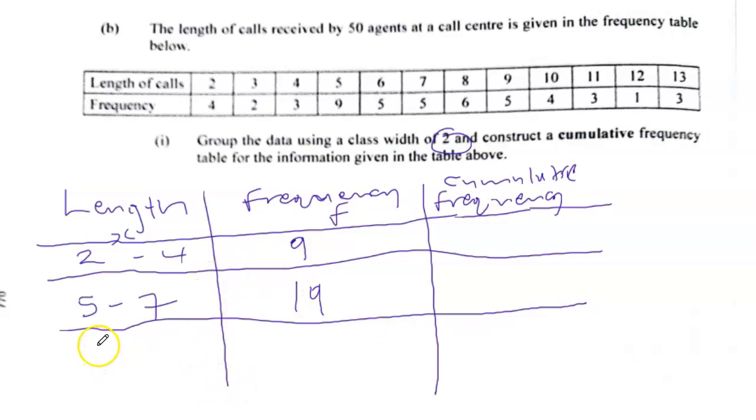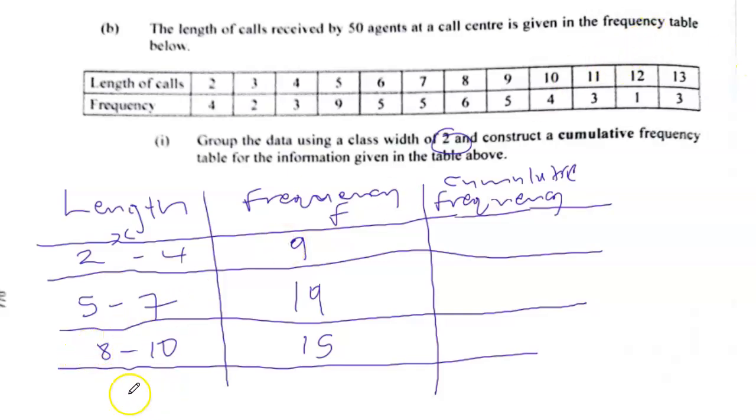Next, 8 to 10. So 8, 9, and 10, the frequencies are 6, 5, and 4, that's 15. And then the last interval would be 11 to 13, and the frequencies add to 3, 1, and 3, that's 7.